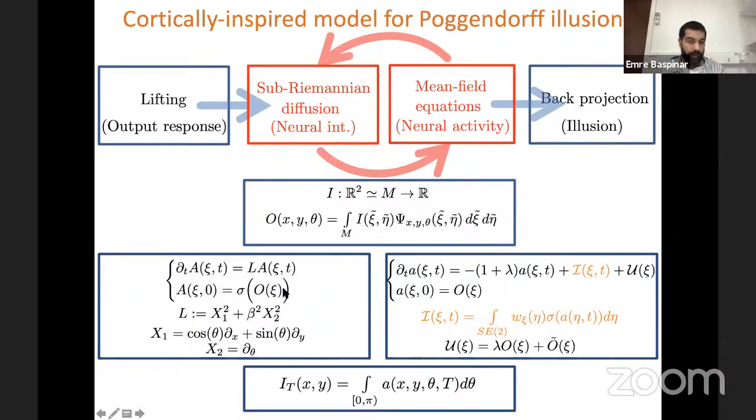Thanks to this operator, we are able to restrict the diffusion to be along the horizontal integral curves, which are the models of the neural connections within the sub-Riemannian geometry.